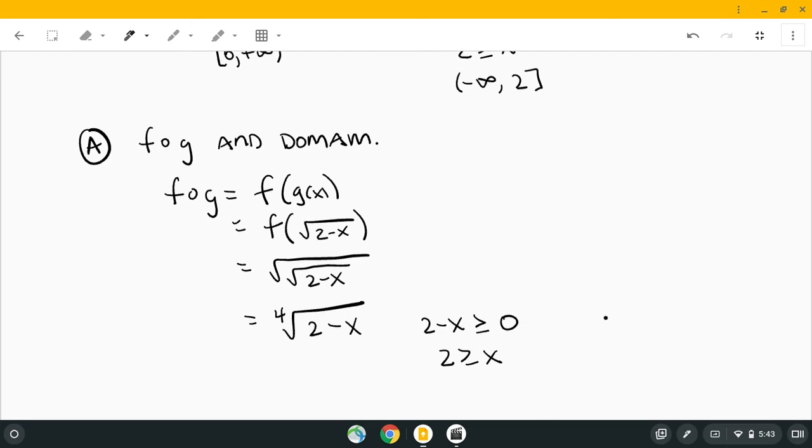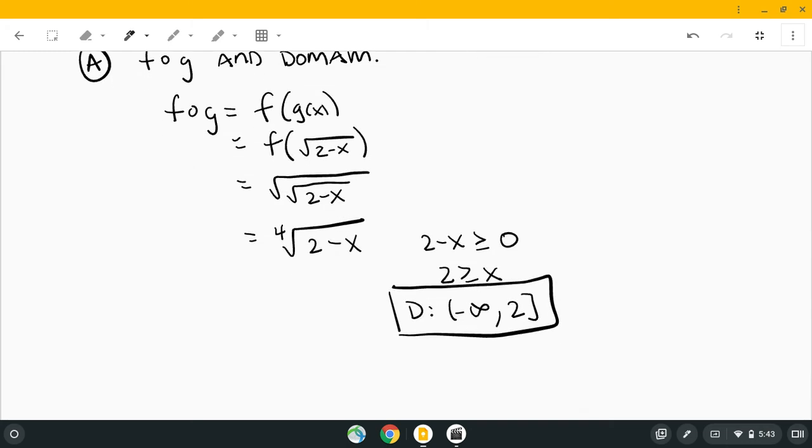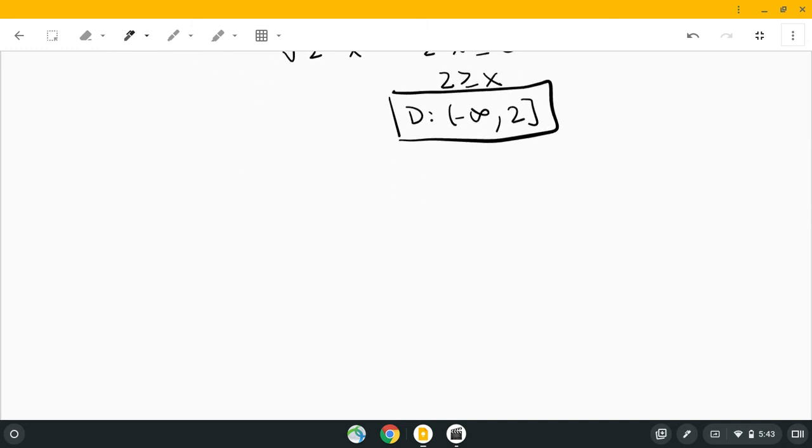Well, that's what we have here as well. So there's nothing to add to this. So our final domain is negative infinity to 2. Okay. All right, let's try this one.